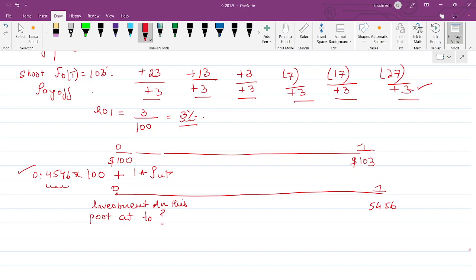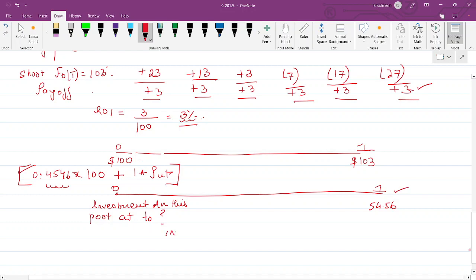What should be my investment in this portfolio at time zero? 54.56 divided by the risk-free rate, right? So we know that this portfolio is going to earn the risk-free rate of return over the 1 year period, and it's going to become 54.56 at the end of 1 year.